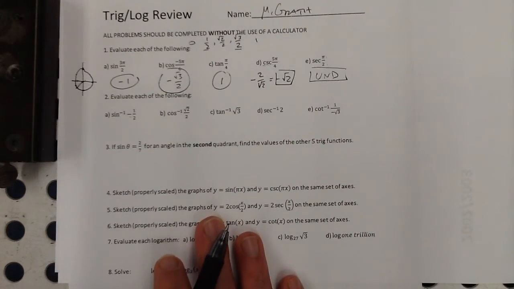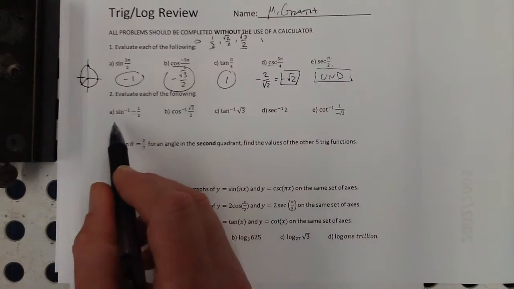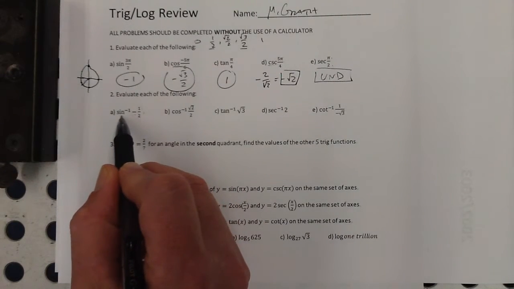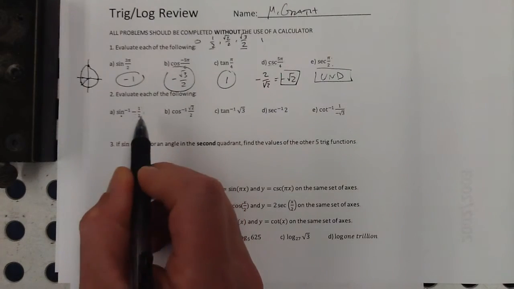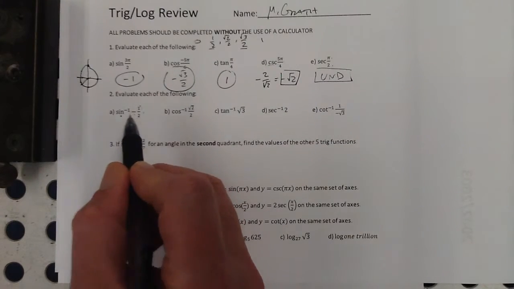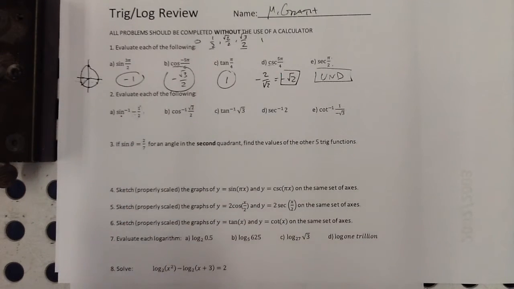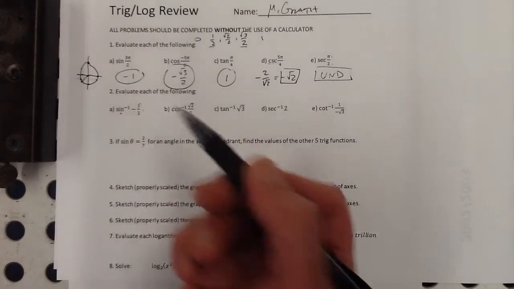How about inverse trig functions? So this is like saying if this is the y-coordinate, then what's the angle? So if you have a y-coordinate of negative 1/2, then what angle are you at? Oh, well, you're there or there, and how do I know which one?